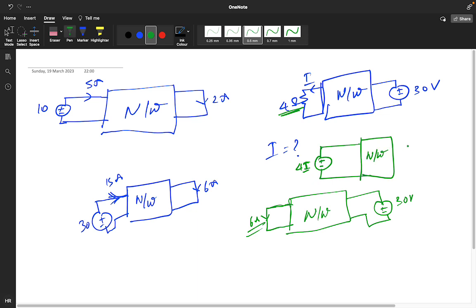This is your network. This particular one you are getting positive negative 30 volt. This is I. Okay, but do you think if we do it like this we will get the answer?